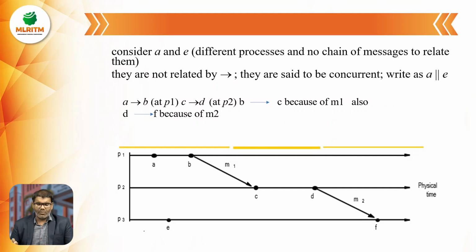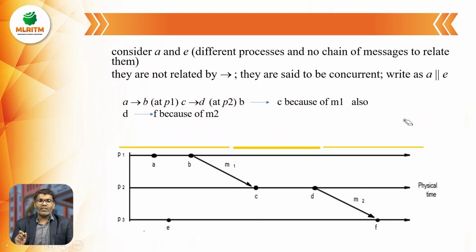They are not related by the arrow, and they are said to be concurrent, written in the form A parallel to E.